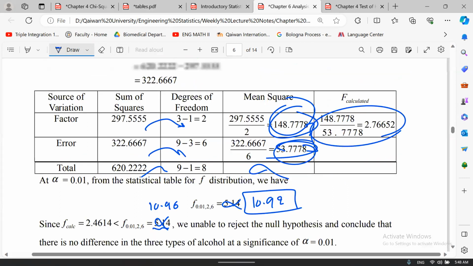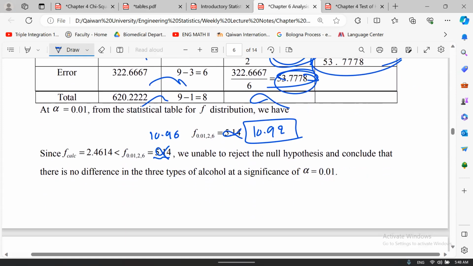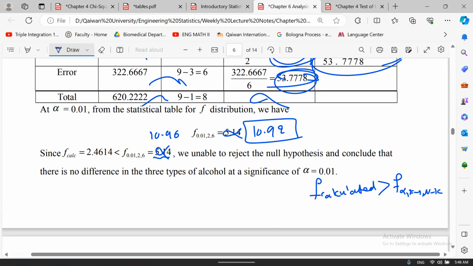And we already found F calculated. We compare them. If F calculated is greater than F of alpha, k minus 1, n minus k, if this is greater, we reject H null. If not, we accept H null.